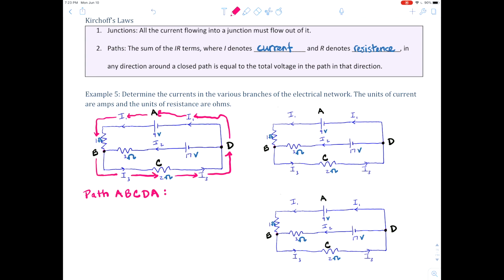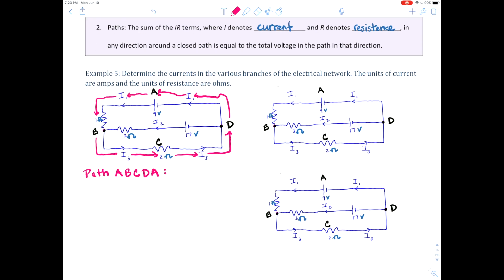Cool? So that path is going to be what? Remember that you're doing your IR terms, so I is current and R is resistance. We've got this 1 ohm here, which multiplies I1, so we have 1 I1.